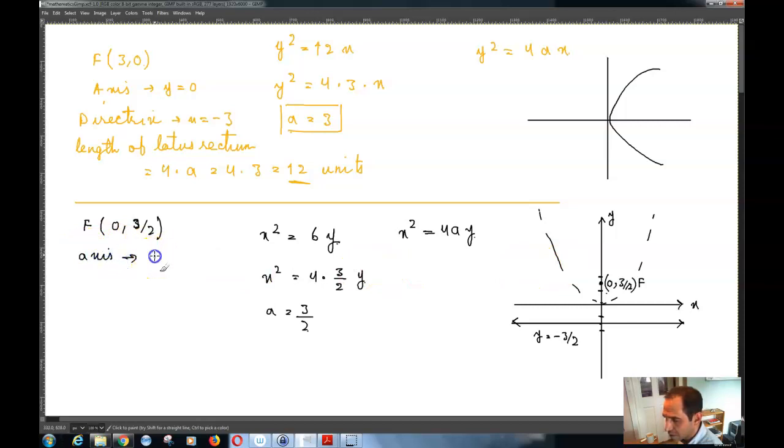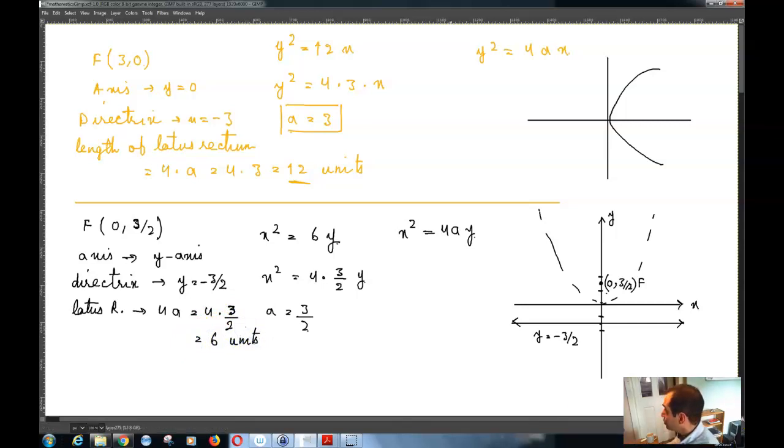And the equation of the directrix is basically y is equal to negative 3 halves, and the length of the latus rectum is basically 4 times a, which is equal to 4 times 3 halves, which is equal to 6 units.